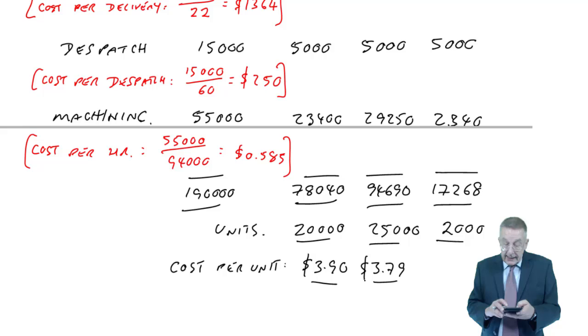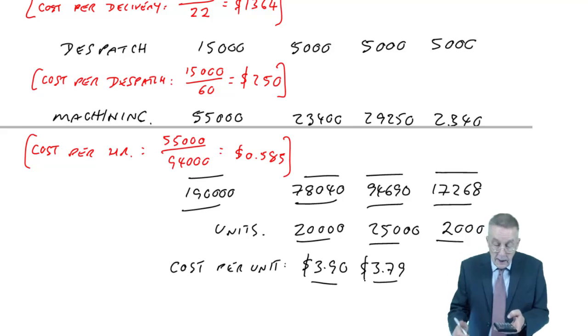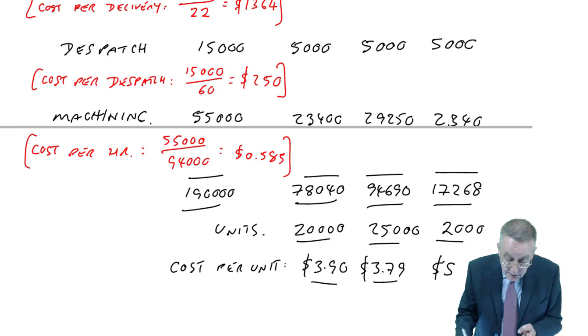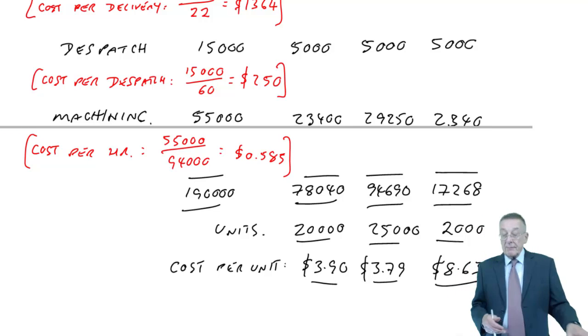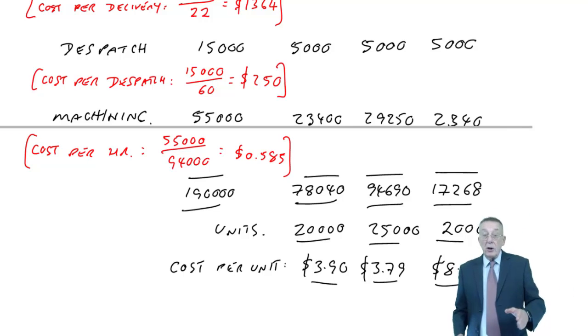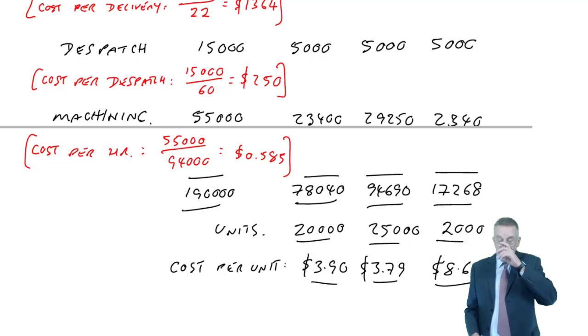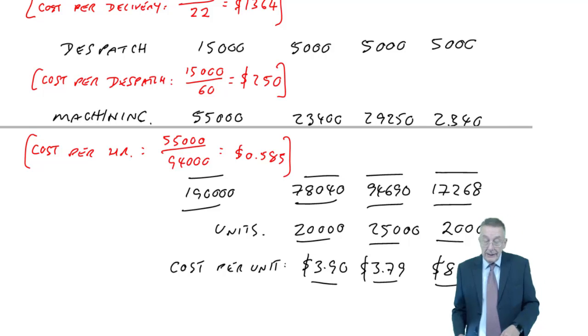And finally, C, 17,268 divided by 2,000 is $8.63. And now I can go back to the cost cards and finish them off.